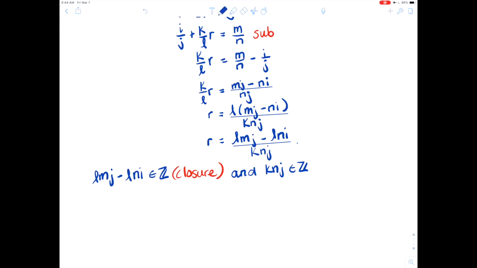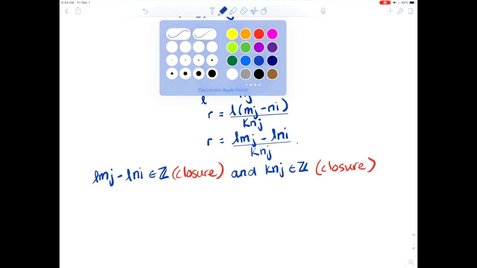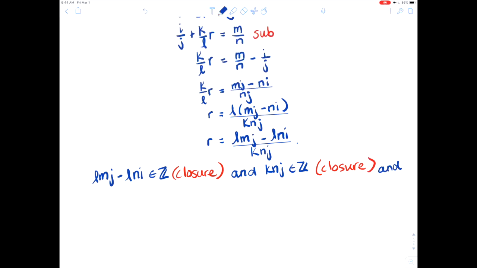Belongs to the integers. That's by closure again. And K times N times J is non-zero, and that's by that handy dandy zero product property.